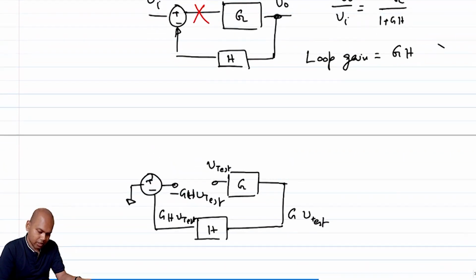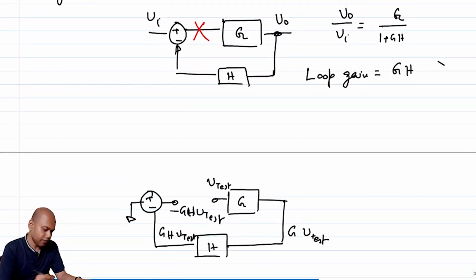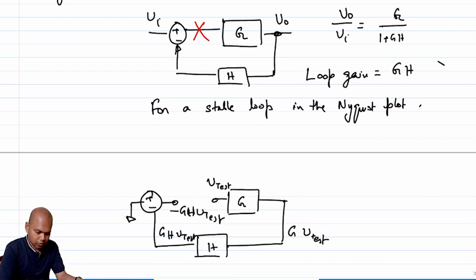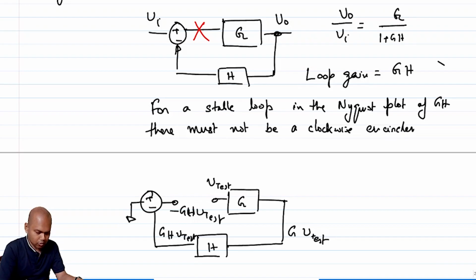The loop gain is GH, and all we have to ensure is that for a stable loop, in the Nyquist plot of GH, there must not be a clockwise encirclement of the -1, 0 point, right?